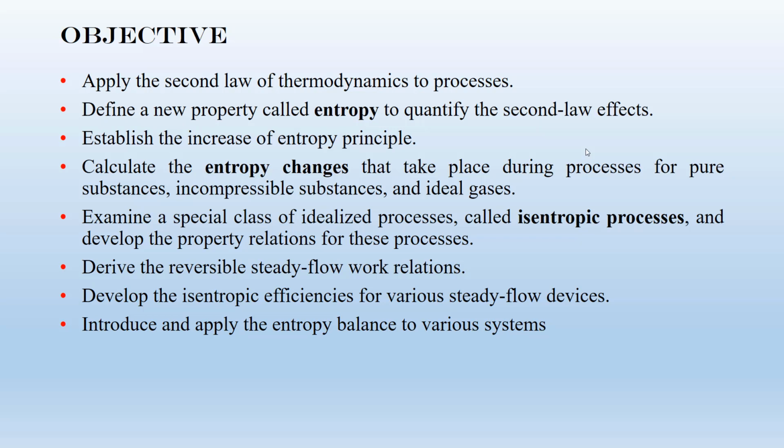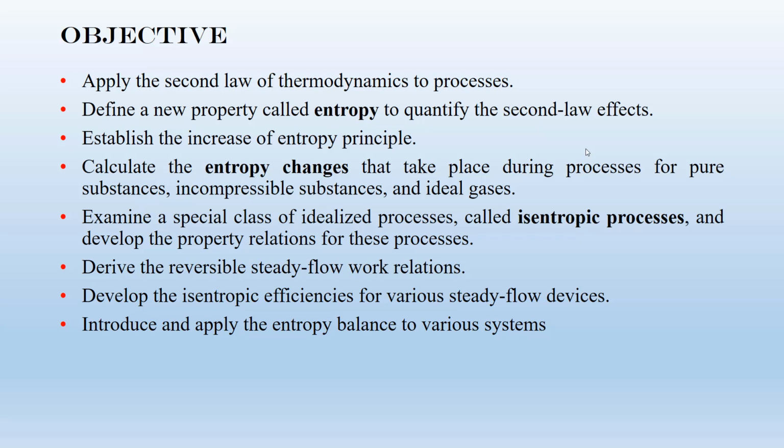You will see that isentropic processes are processes with constant S, or they are internally reversible and adiabatic processes. And eventually we will discuss the isentropic efficiency for steady flow devices such as pumps, compressors, and turbines.